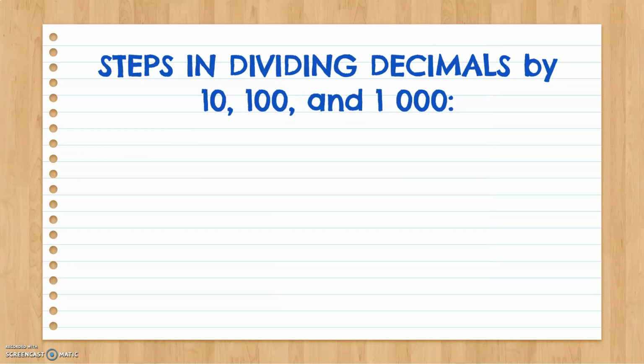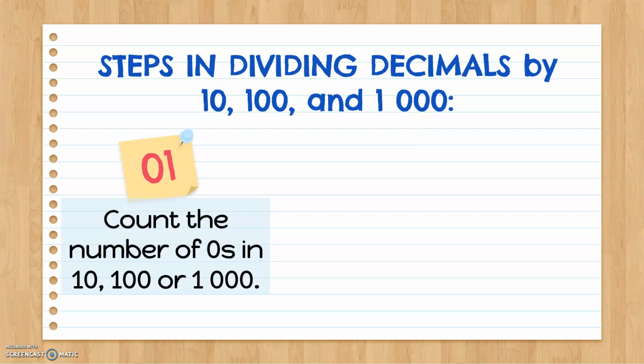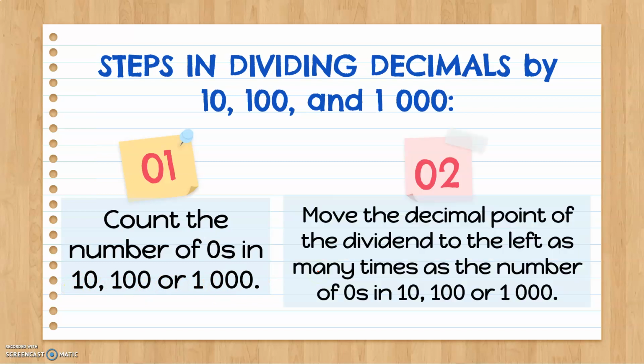On the other hand, when we are dividing by 10, 100, and 1000, these are the steps that we'll follow. Again, we'll count the number of zeros in 10, 100, or 1000. But this time, we'll move the decimal point of the dividend to the left as many times as the number of zeros in these divisors.